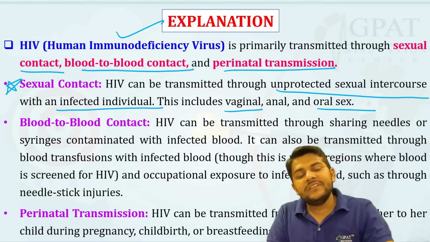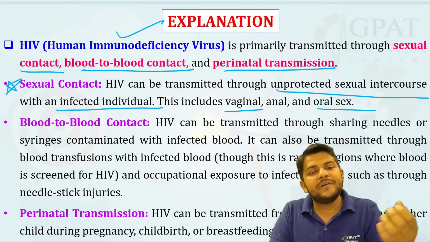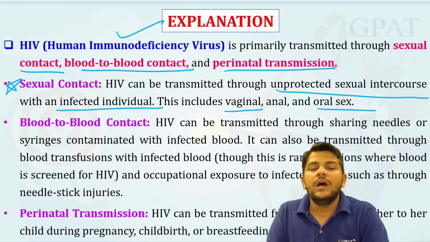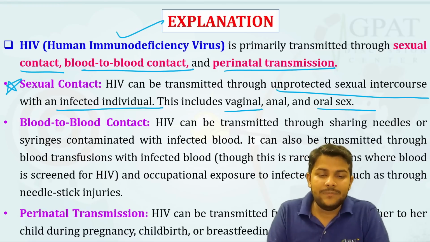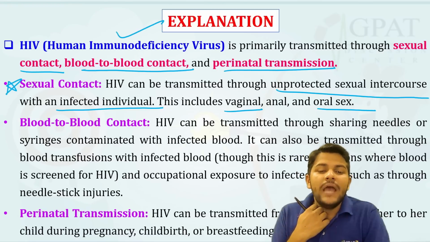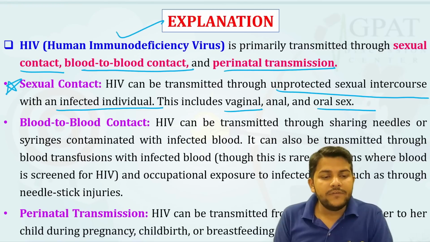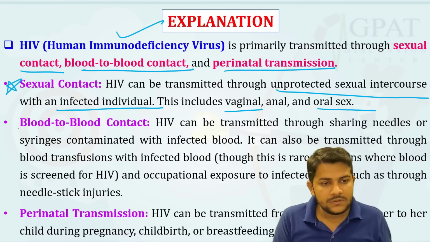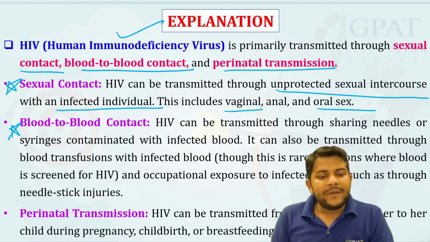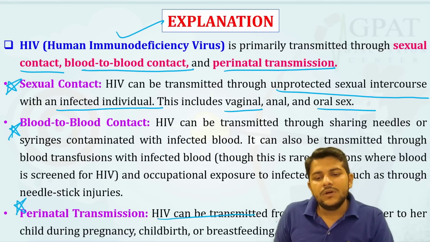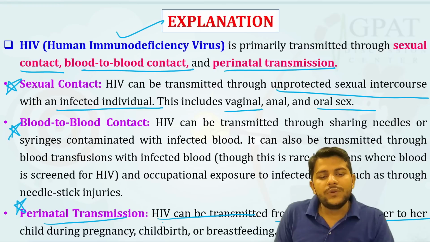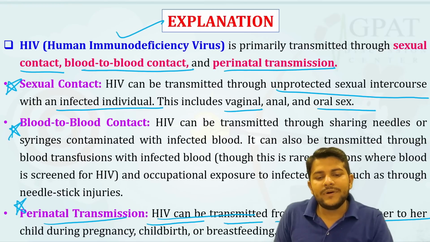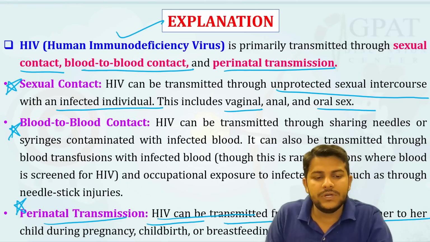Or if the blood of an infected person is donated to a healthy person, it can also lead to HIV. Next, perinatal transmission means HIV can be transmitted from an infected mother to her child during pregnancy, childbirth, or breastfeeding. Got it?